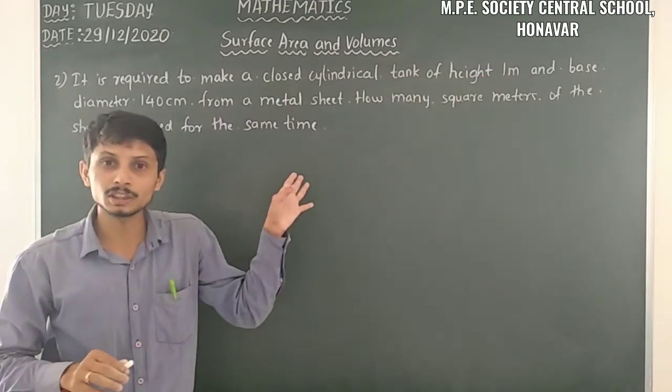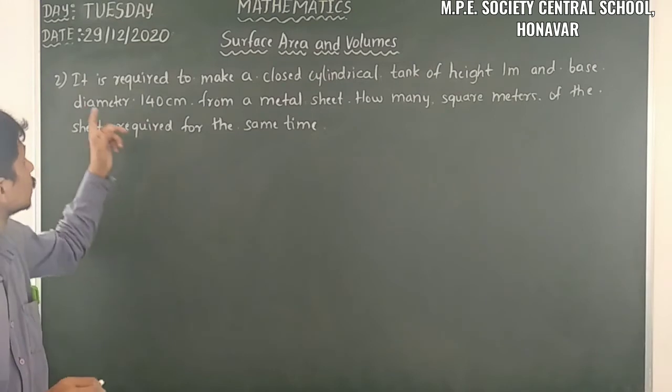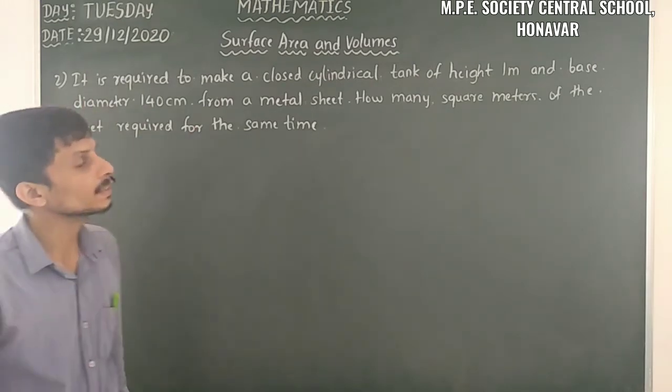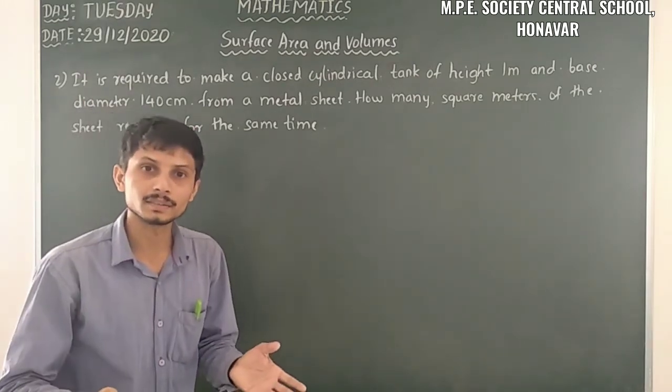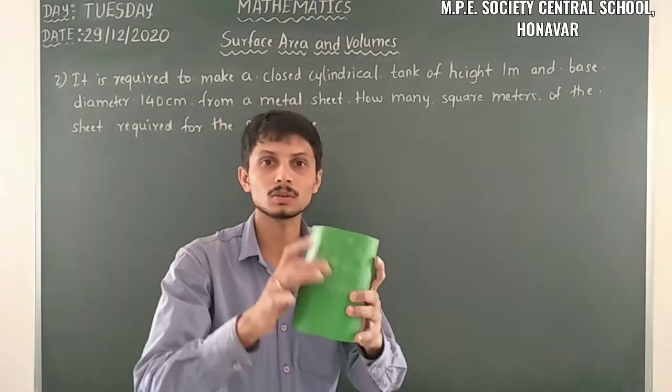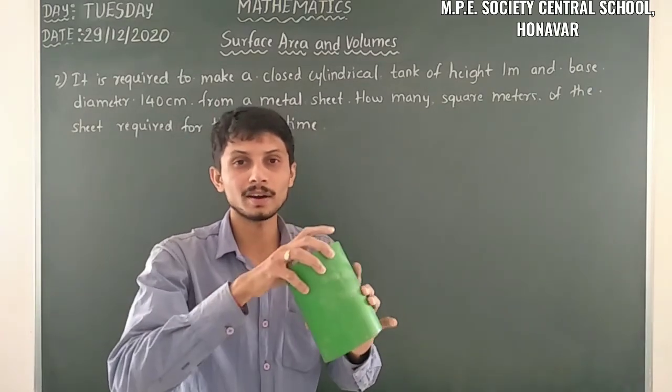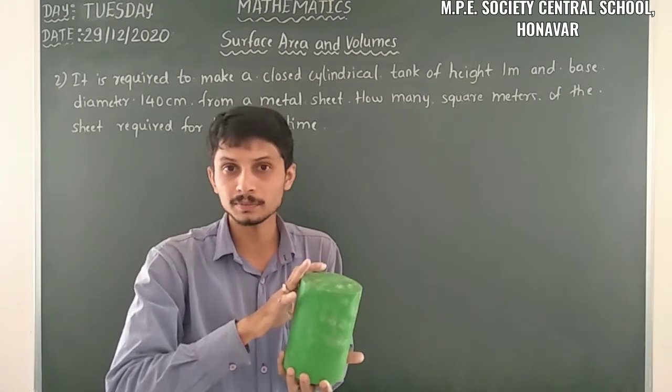Here it is a situational problem, just observe. It is required to make a closed cylindrical tank. Since it is a closed tank, we have to take the total surface area.